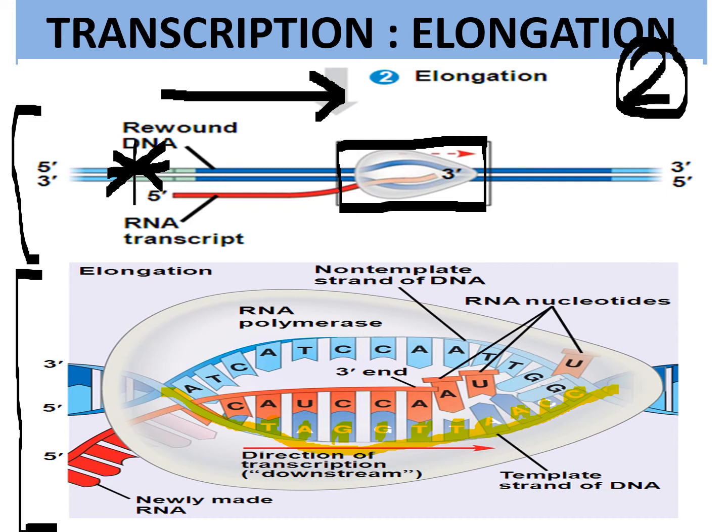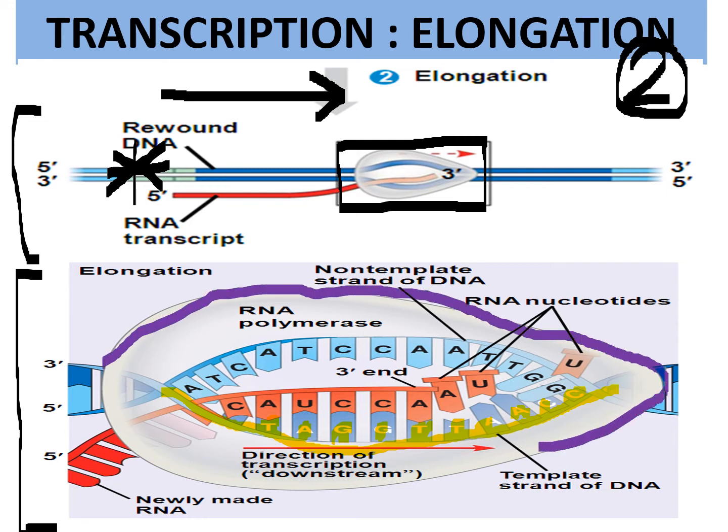We also have our RNA polymerase, which I will highlight in purple. As RNA polymerase moves downwards and along your template strand, it adds in free RNA nucleotides to the template strand of DNA, to the yellow strand of DNA.